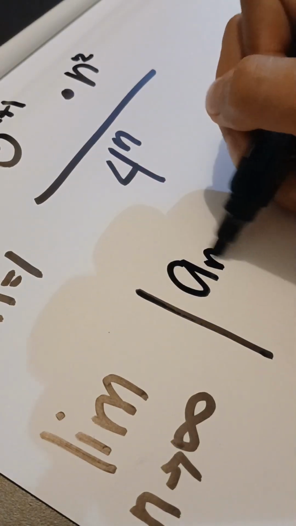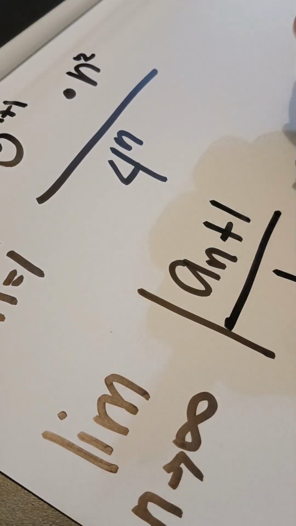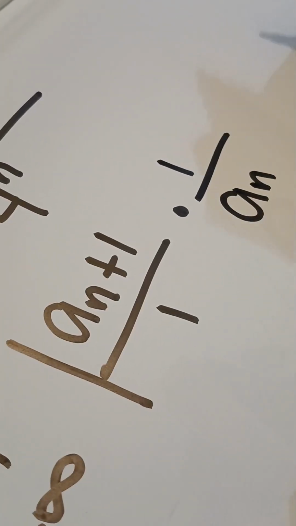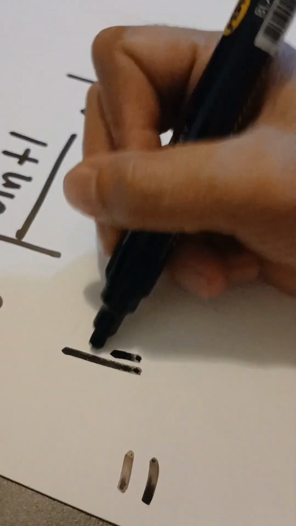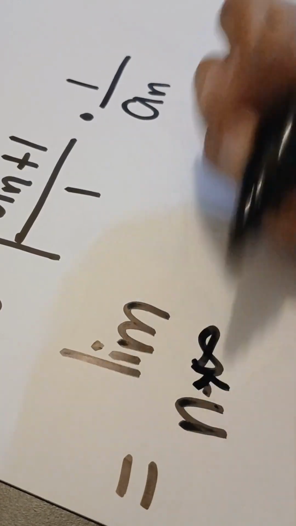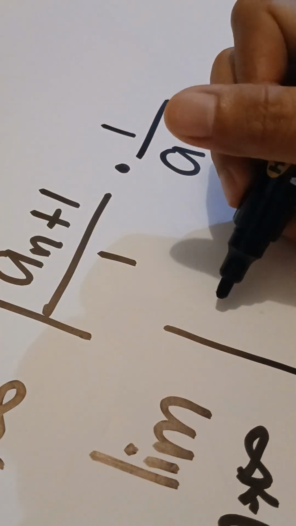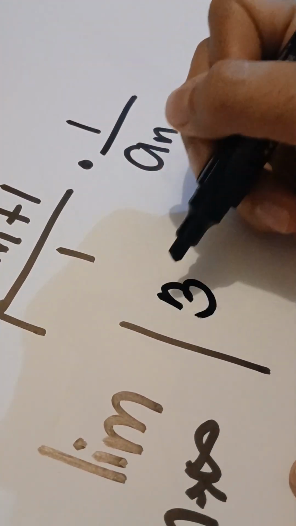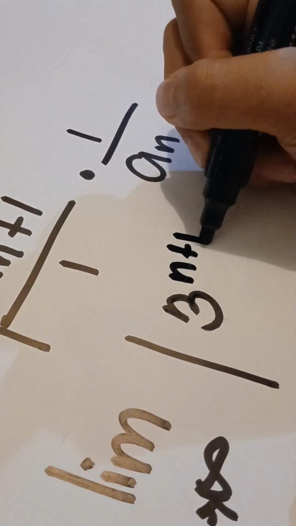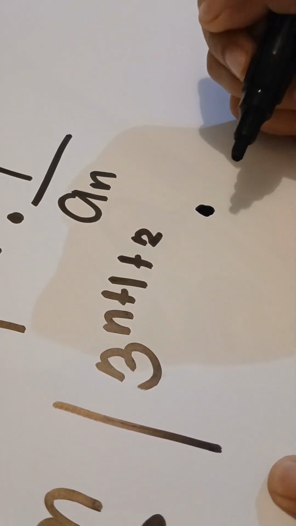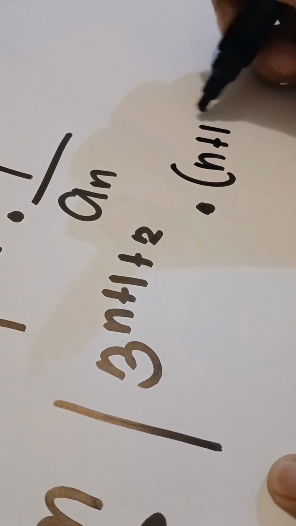So now we're going to distribute the value of a sub n plus 1 and a sub n. So the value of our a sub n plus 1 is 3 raised to n plus 1 plus 2 times the quantity of n plus 1 raised to 2 over 4 raised to n plus 1.